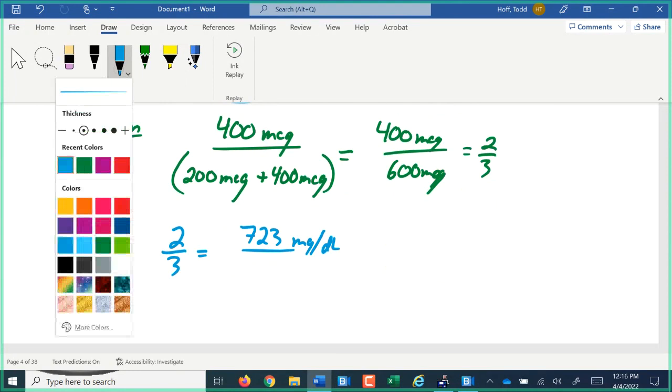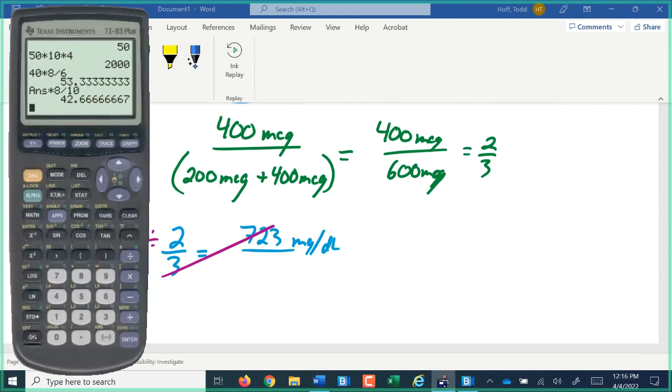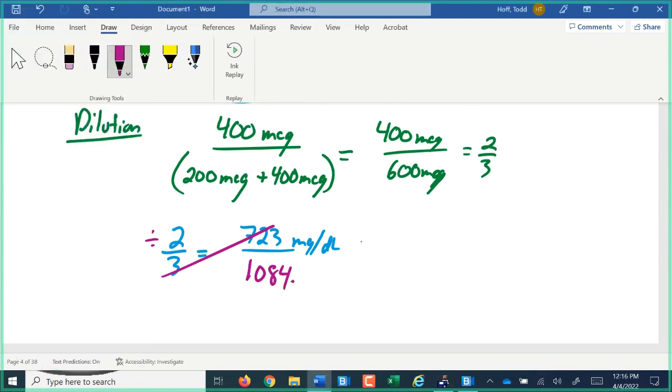We'll cross multiply and divide: 3 times 723 divided by 2 is 1,084.5. The true level of that person's blood is 1,084.5 milligrams per deciliter, the non-diluted level.